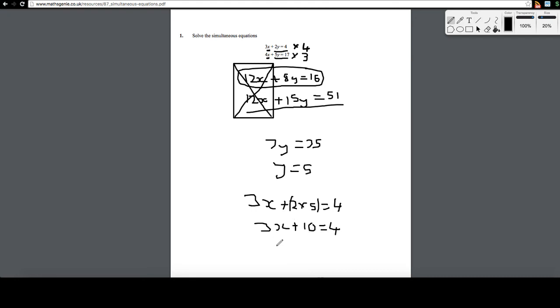So that means 3x, what we're going to do is minus 10 from this side, and minus 10 on this side, 3x equals minus 6, and if we divide by 3 on both sides, x equals minus 2.